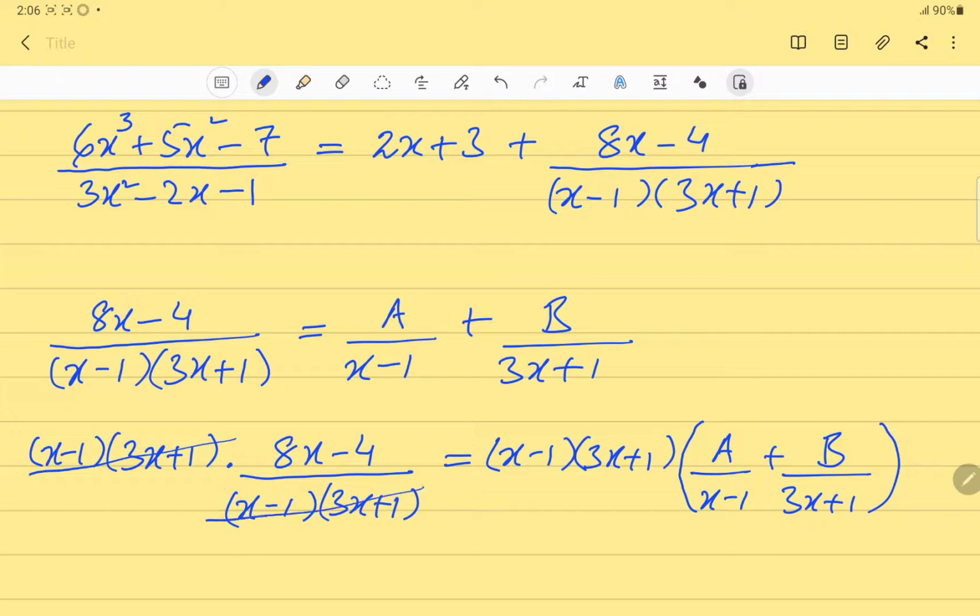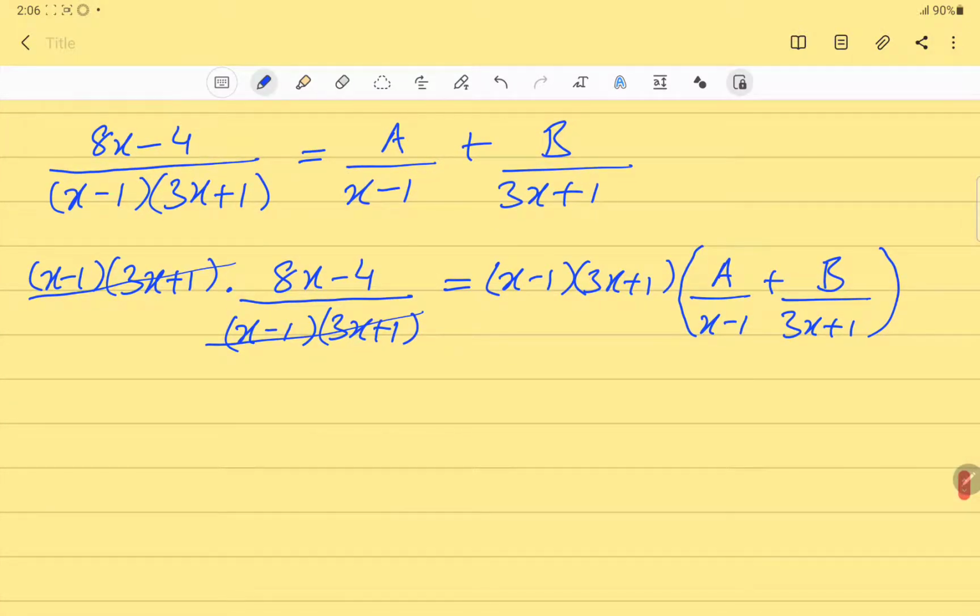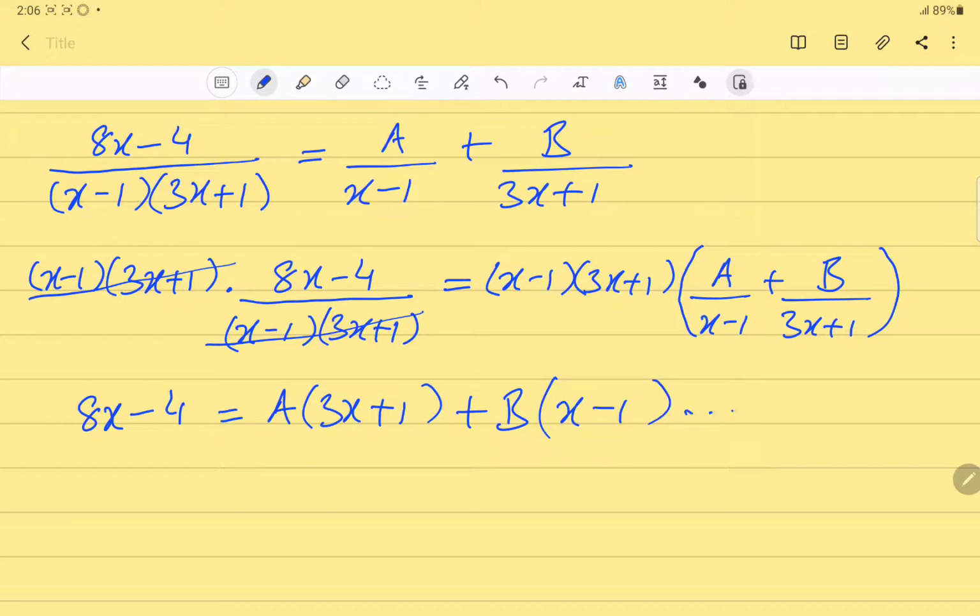This will cancel with this, so our left side will be 8x minus 4 is equal to, on the right hand side, when we multiply x minus 1 into 3x plus 1 with the terms inside the bracket, we will get a into 3x plus 1 plus b into x minus 1.